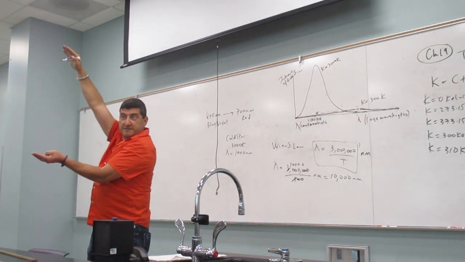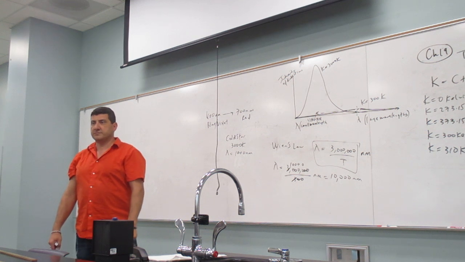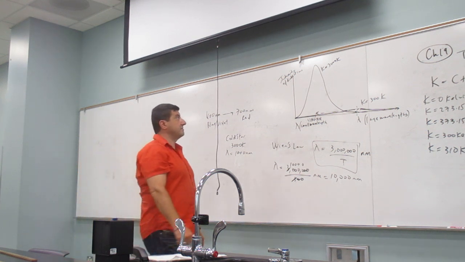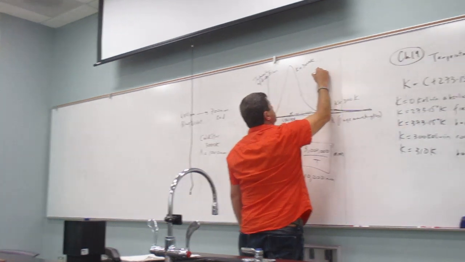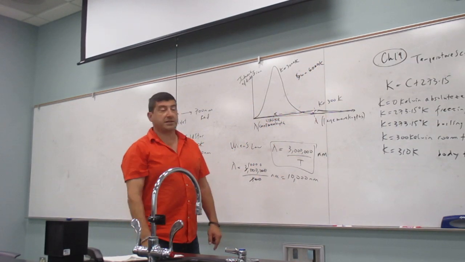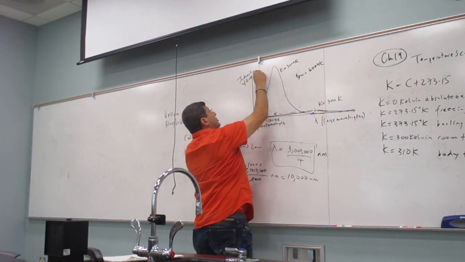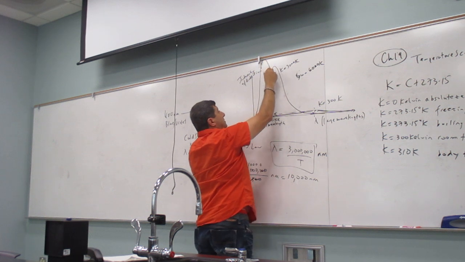So our sun is how many Kelvin? 6,000 Kelvin. Sun is 6,000. So what is its radiation going to look like? It's going to go half of that wavelength, and it's going to go way up, like that.